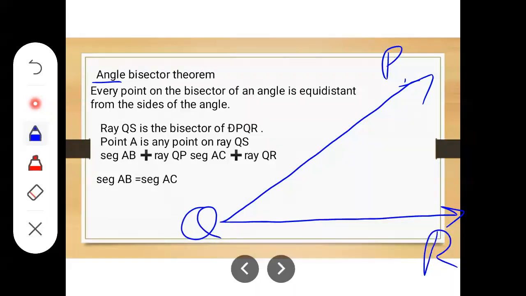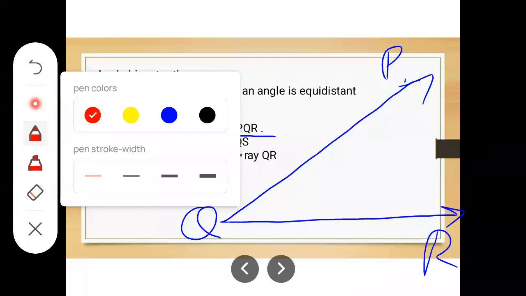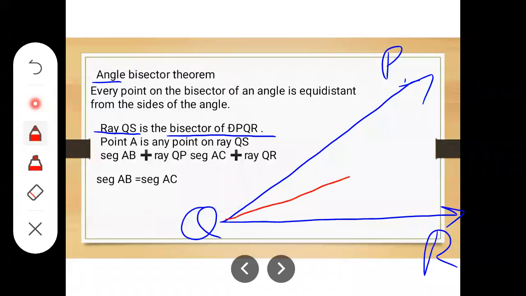Now ray QS is the bisector of angle PQR. Now let's draw the ray QS. See, ray QS is the bisector of the given angle. Because of that bisector, those two angles formed will be equal in measurement, congruent to each other.